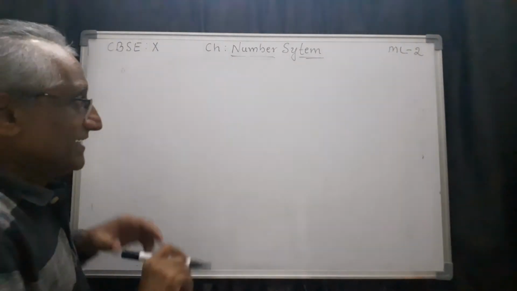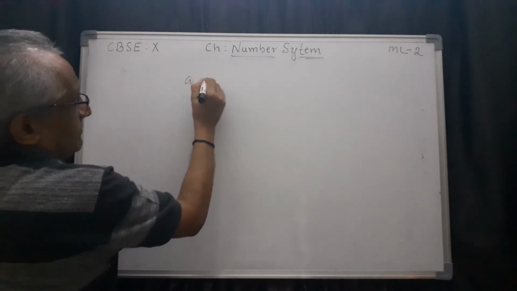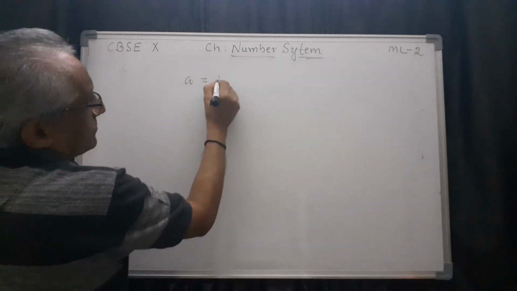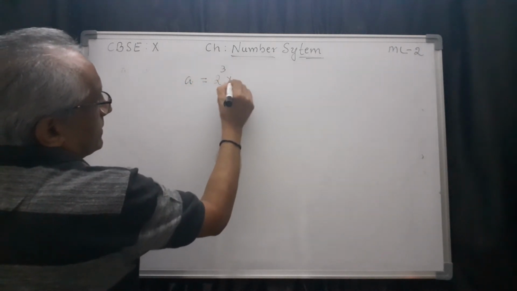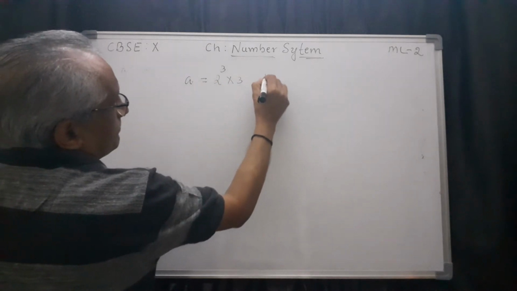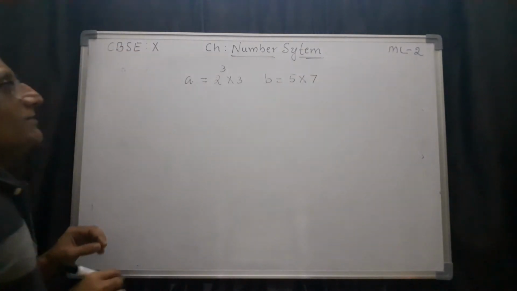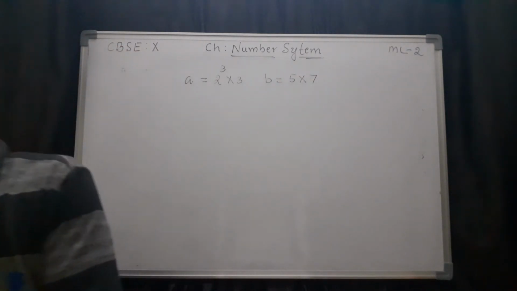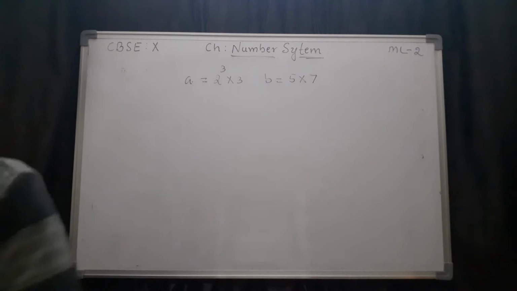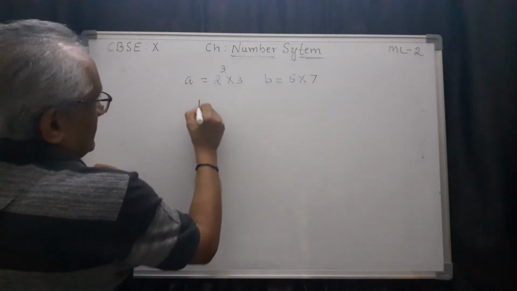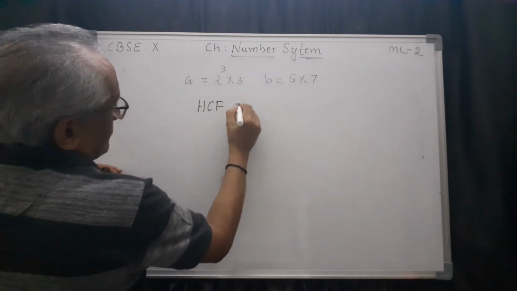Now let me take a few more examples so that this idea will be clear. Say A is 2 cube into 3, and B is 5 into 7. What is the HCF for these two?